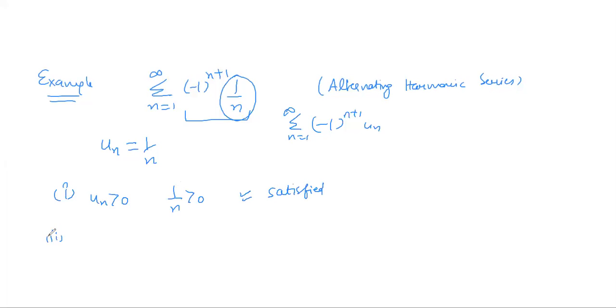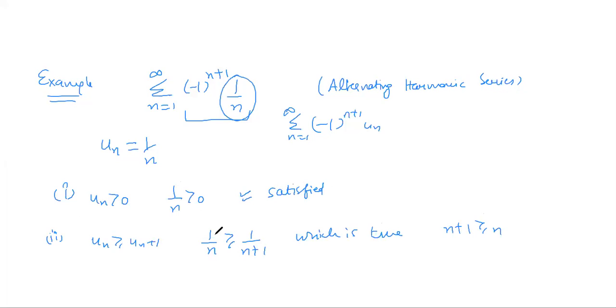And I'm telling you this will be satisfied most of the time. It's a trivial condition, but you need to write it just to show that you know the three conditions. Un should be greater than or equal to un+1. So 1/n should be greater than or equal to 1/(n+1), which is also true. It's clearly true because we know that n+1 is greater than n, so 1/n is greater than 1/(n+1).